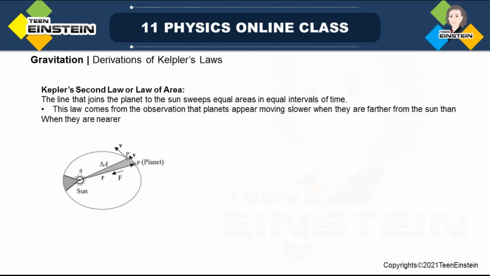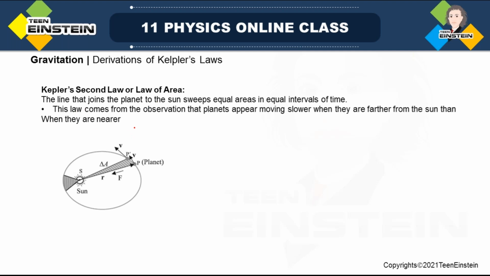Now we'll recap the second law, and then we'll prove the second law. Kepler's second law is also called the law of area. I'll tell you why it is called the law of area.